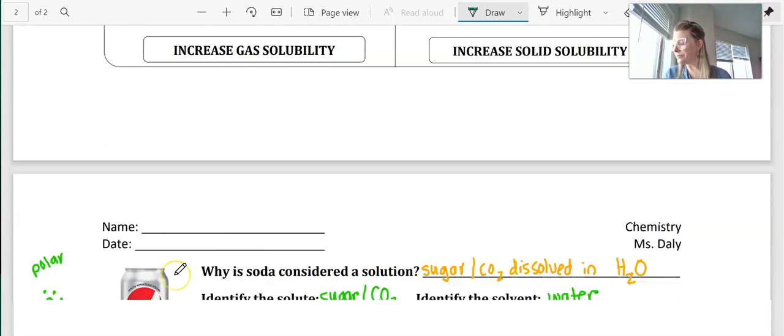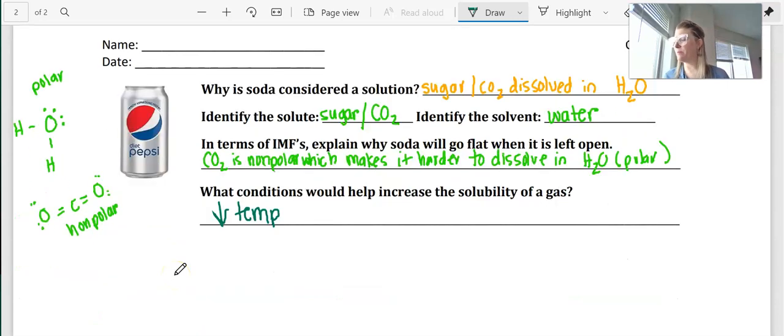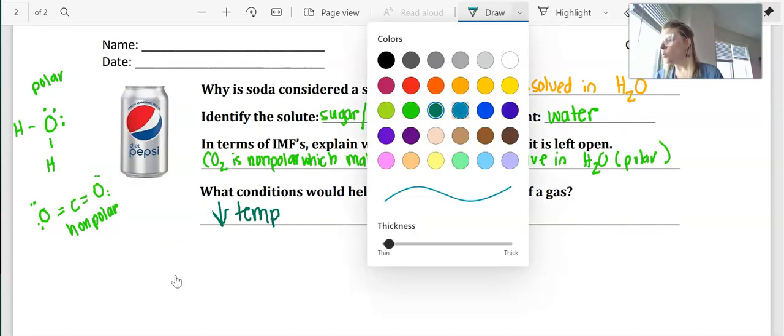And then lastly, what else can we do to help increase the solubility of a gas? Well, when you go to buy a can of soda or a bottle of soda, and you were to squeeze that soda, you should feel it pressurized, right? So when we apply pressure, think about it from our last unit, our gas laws unit. Increased pressure means decreased volume. We're forcing that gas into a smaller amount of space.